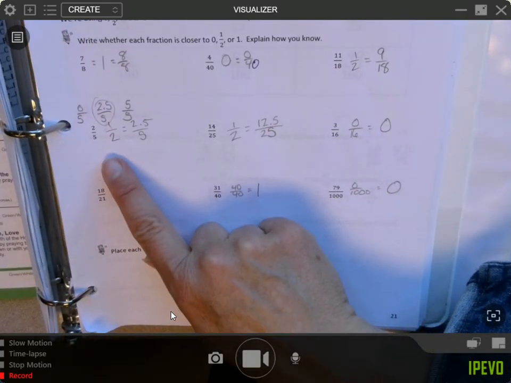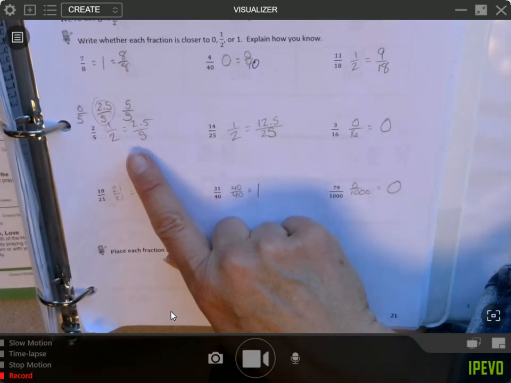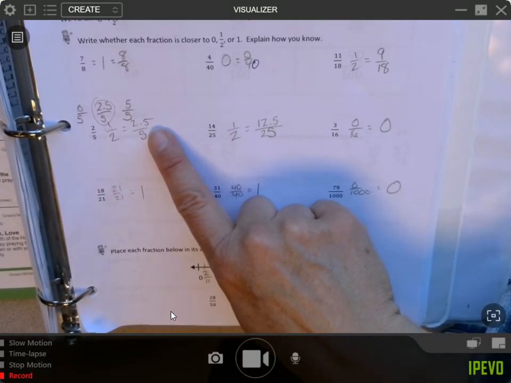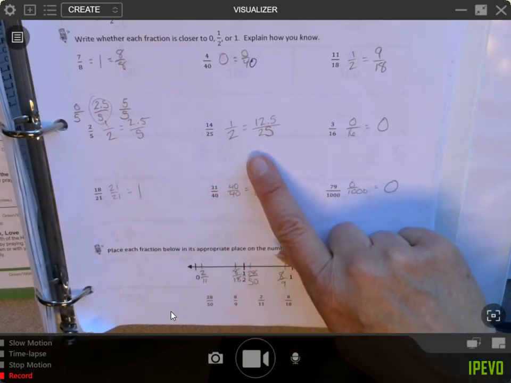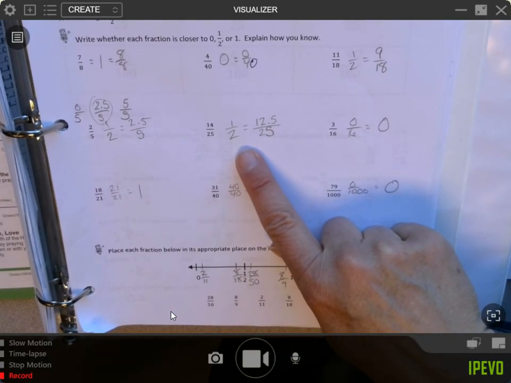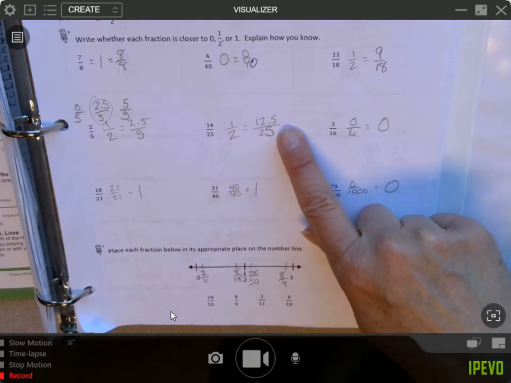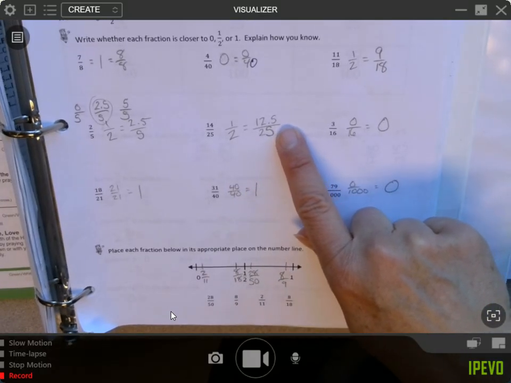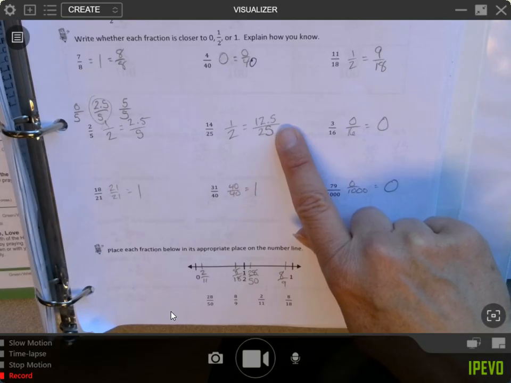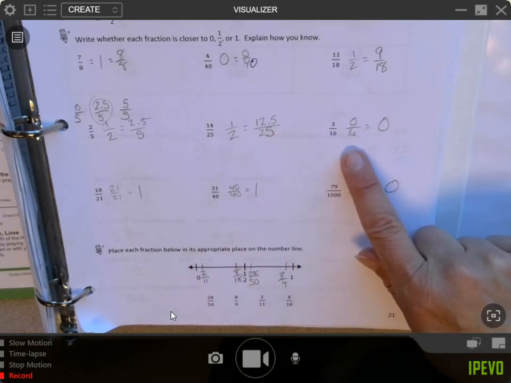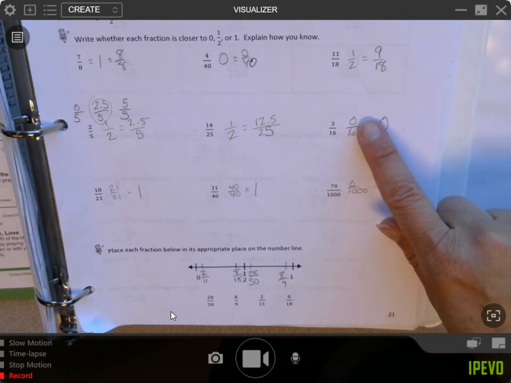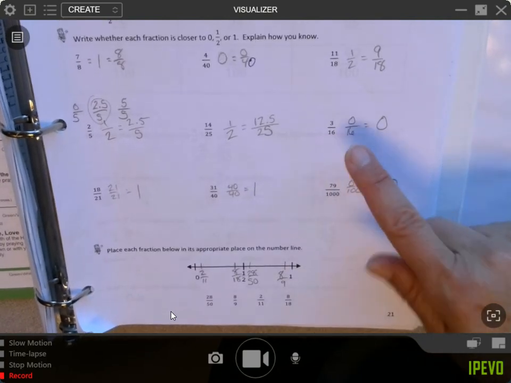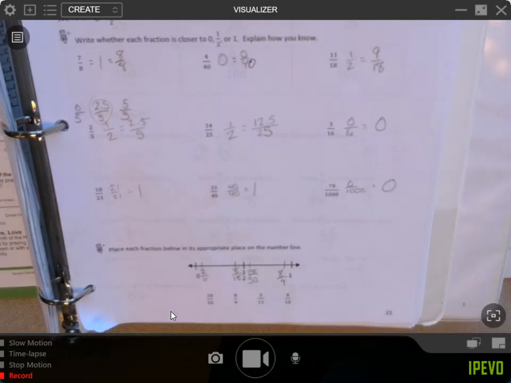The middle row, 2/5 is going to be closest to a half because a half is 2.5 over 5. 14/25 is closest to a half because a half is 12.5 and the 14 is closest to the 12. 3/16 is closest to 0 because 3 is closer to 0 than it is to that halfway point of 8.